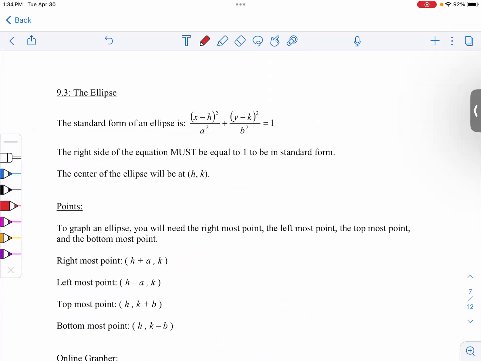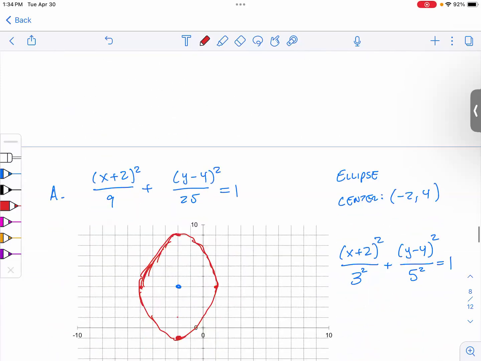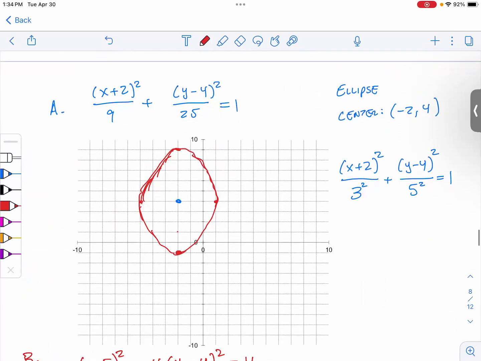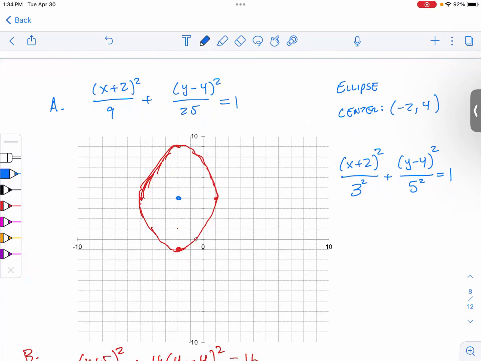It is equal to 1. So that is a big piece that we need to fix in order to get it into standard form, which is always what we're going to look for. We want to write all these shapes in standard form. That way it is uber clear every piece of information that is identified.